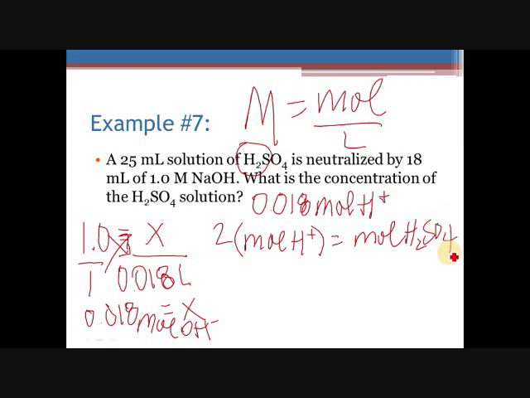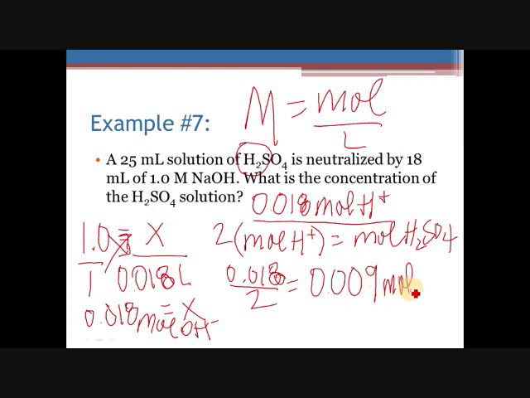So the moles that we just found are actually twice as much as the moles we need for our H2SO4. That means we take the 0.018 moles divided by 2, and that is equal to 0.009 moles, which is now the moles of the H2SO4.